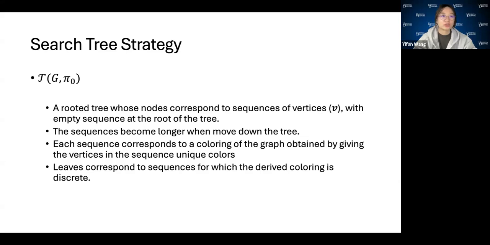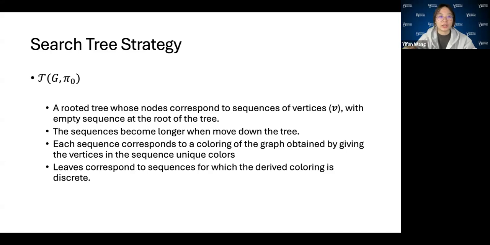So Traces constructs a search tree where each node represents a sequence of vertices, and the root is an empty sequence. As we move down the tree, the sequence becomes longer, and each leaf of the tree corresponds to a discrete coloring.